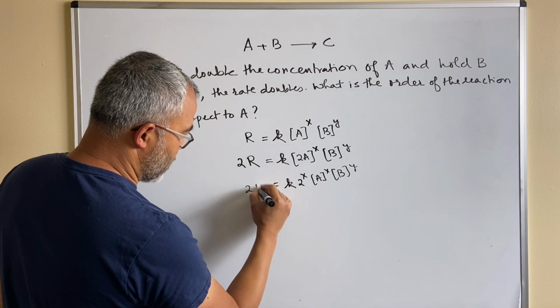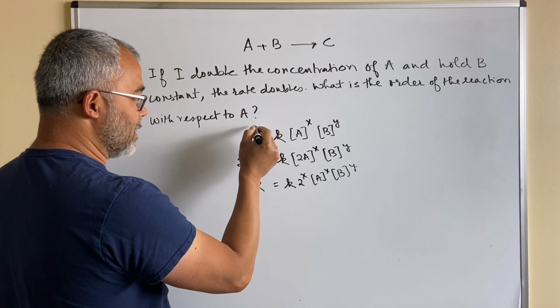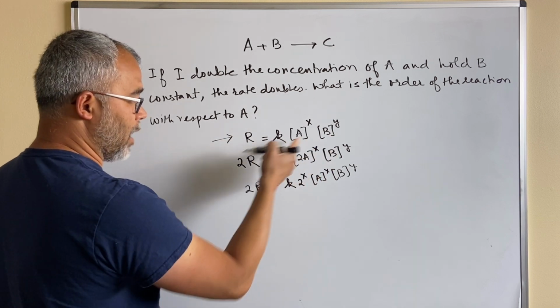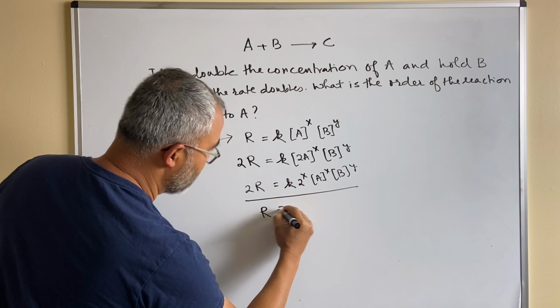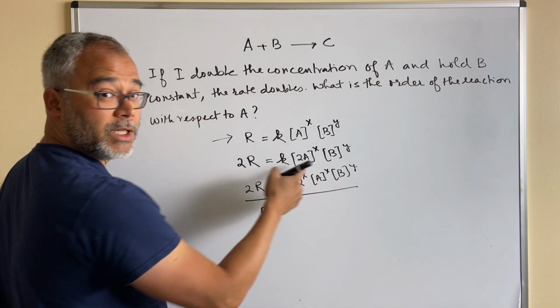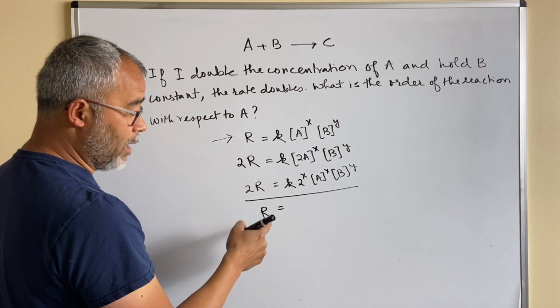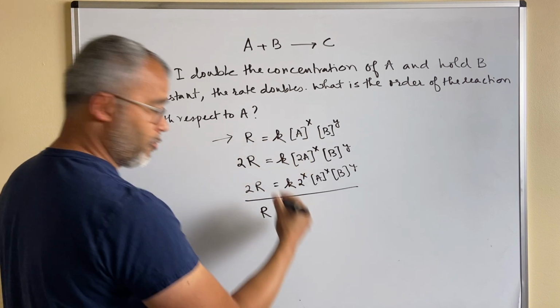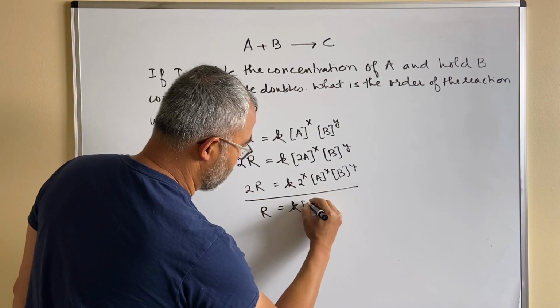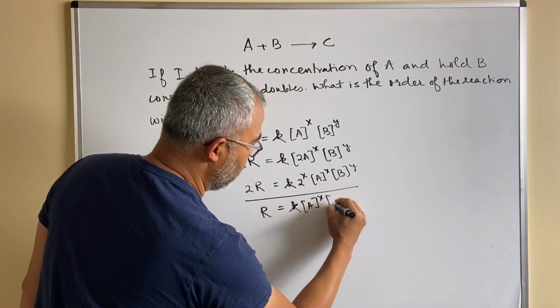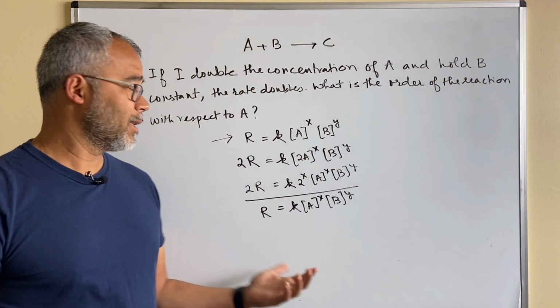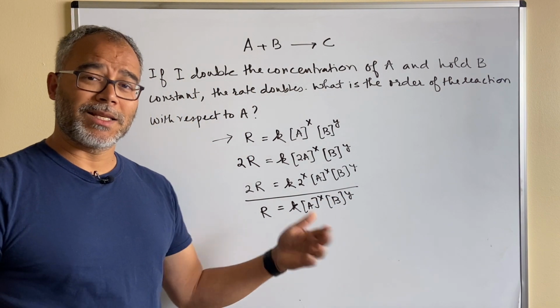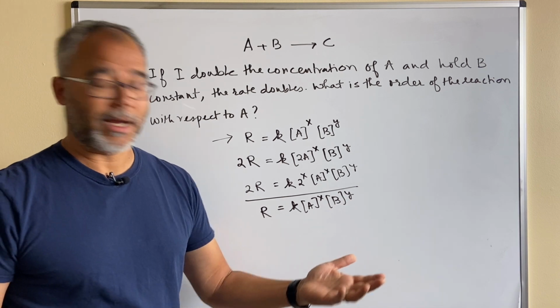I'll bring the 2R down here as well, and then I'll take this equation out here and I'm going to put that down here and divide it. So basically I'm dividing what I got out here after doubling the concentration of A by the initial rate law when the concentration was not doubled. And the whole reason for doing this is simply I'm trying to manipulate this algebraically so I can cancel out common terms to solve for X, okay?